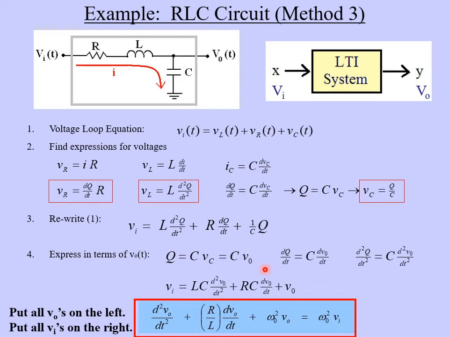And again, when everything settles out, we end up with the same equation that we had on the other slide. So this is just a third method or approach to solving this type of equation using charge instead of current and voltage.